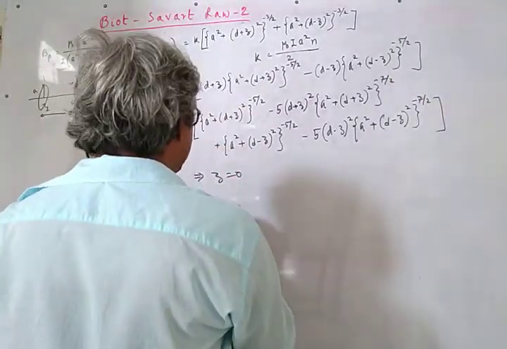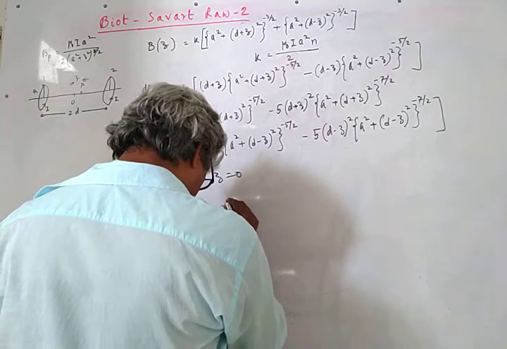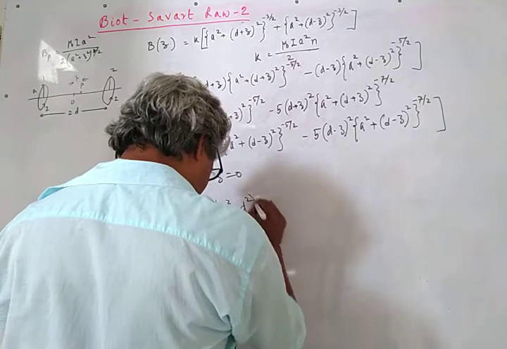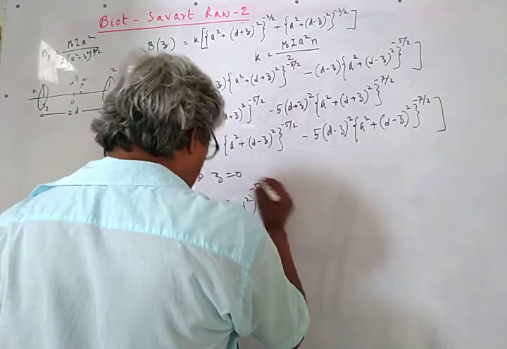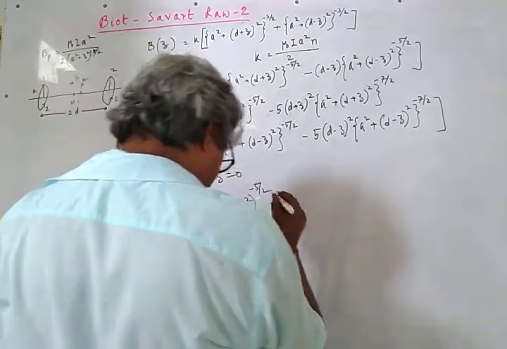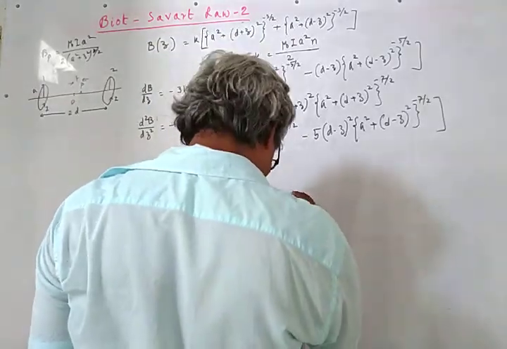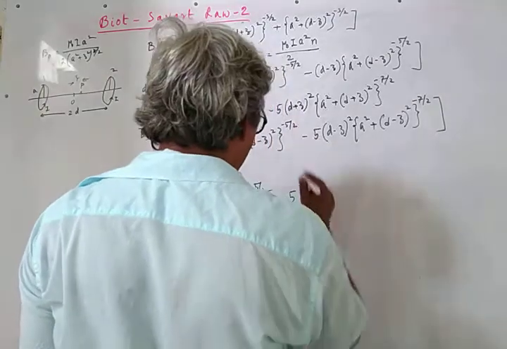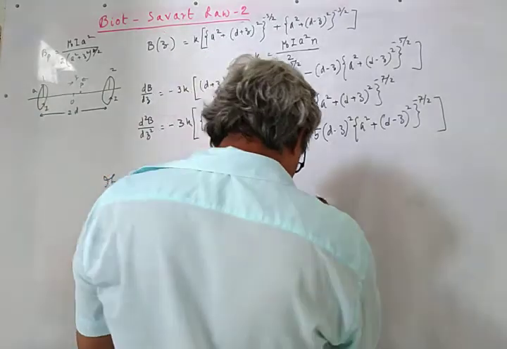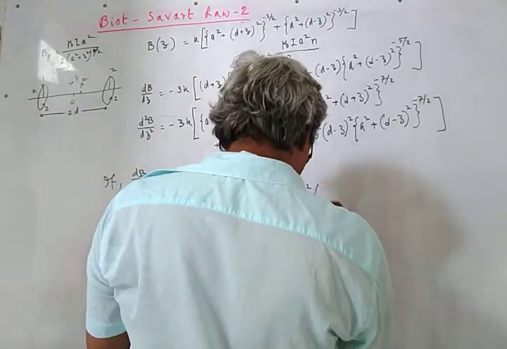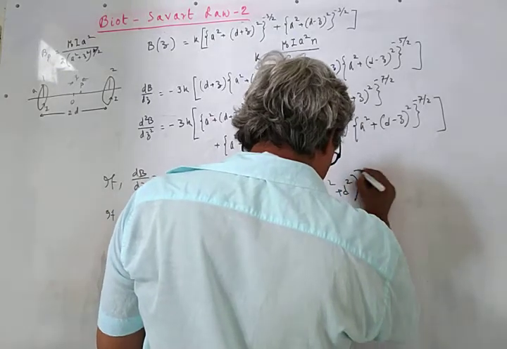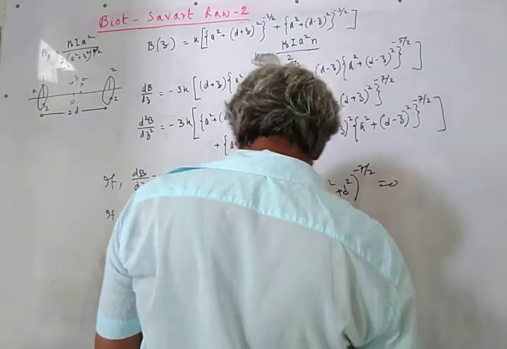So the result is (a² + d²)^(-5/2), because this becomes a² + d² with z equal to 0, and this is minus 4d² upon (a² + d²)^(-7/2) is equal to 0.